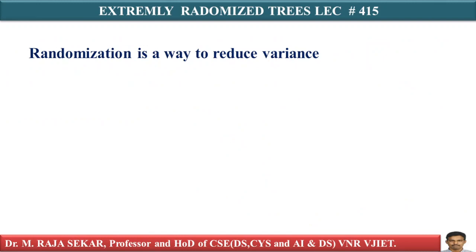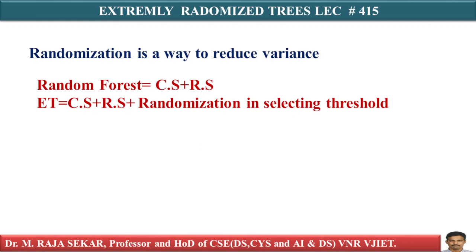Why are we keeping randomization? Randomization is a way to reduce variance. Remember, in random forest we used randomization in the form of column sampling and row sampling, two types of randomization.